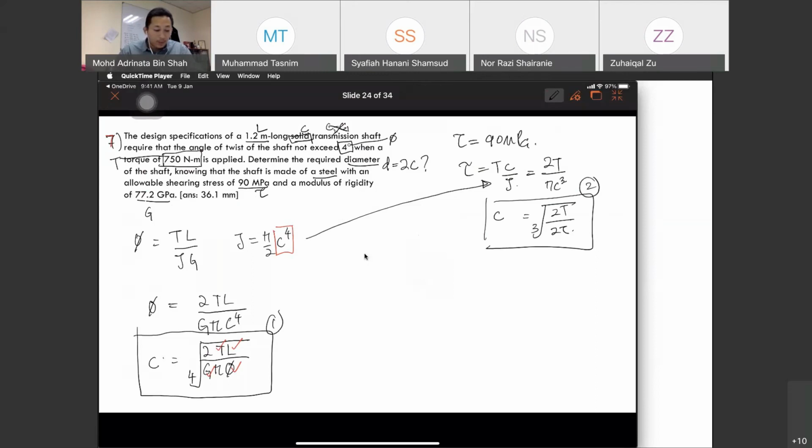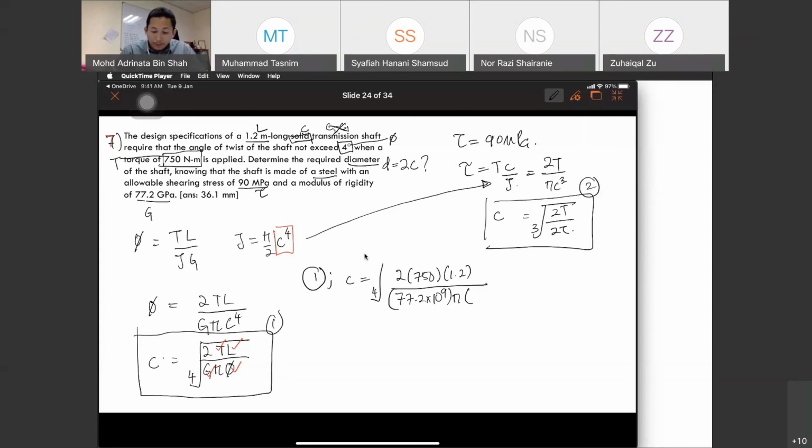So from the first equation, we have C equals 2 times T, 750 Newton meter, times L, 1.2 meter, divided by G, which is 77.2, times pi times phi.